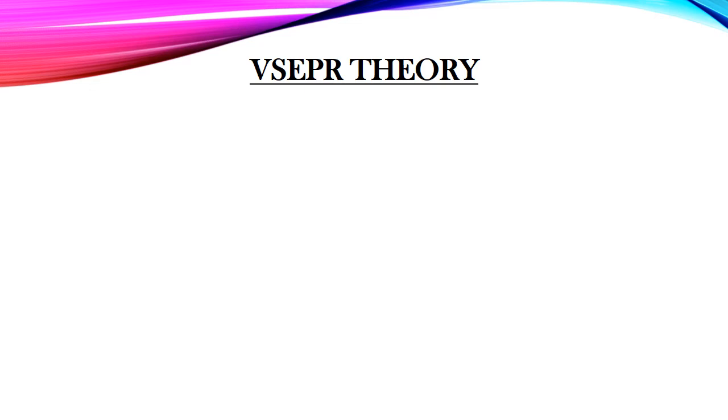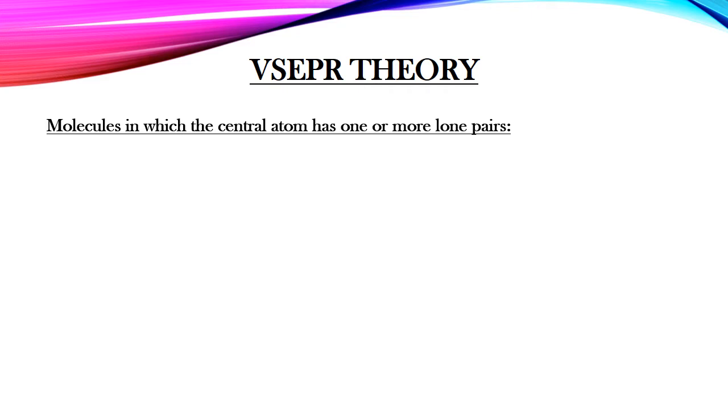In order to predict shapes or geometry of molecules, we are categorizing molecules into two categories. One, where there are no lone pair of electrons on the central atom. The second category is where we have one or more lone pairs on the central atom.